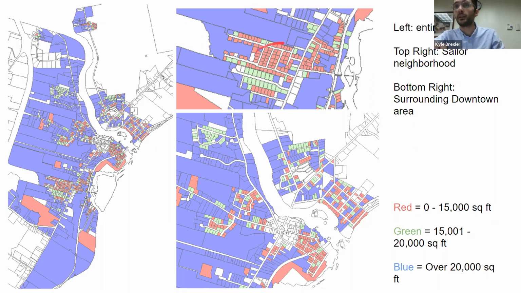On the right side here, the top right, we have Sailor development and a few surrounding areas. You can see these are established neighborhoods in our MDR district, and they're primarily composed of lots that don't meet our current standards. You can see the Sailor neighborhood is largely lots under 15,000 square feet.